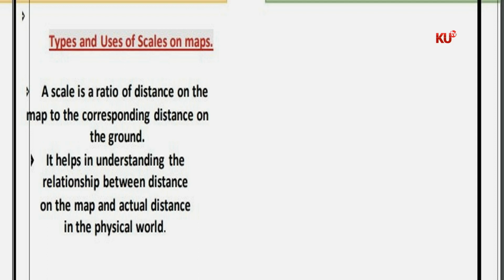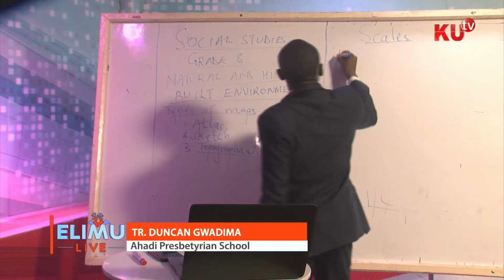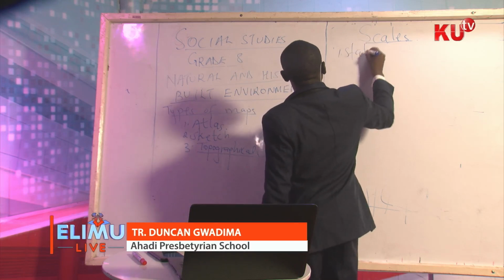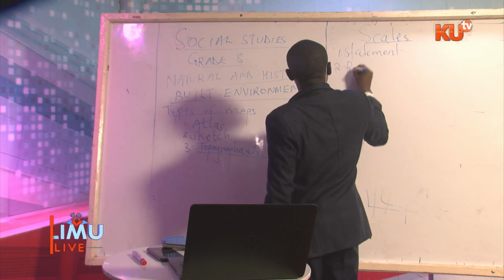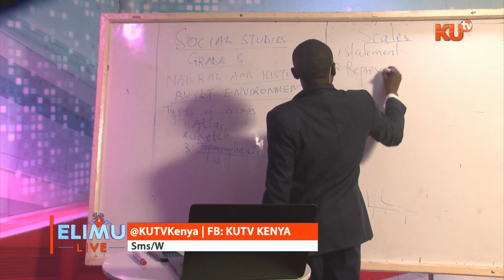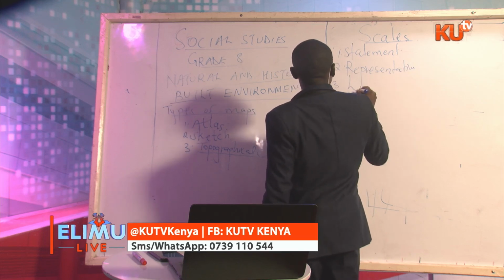Now, what are some of the scales you know? There are three types of scales. The first one, we have statement scale. Number two, we have ratio or representative scale. And number three, we have linear scale.